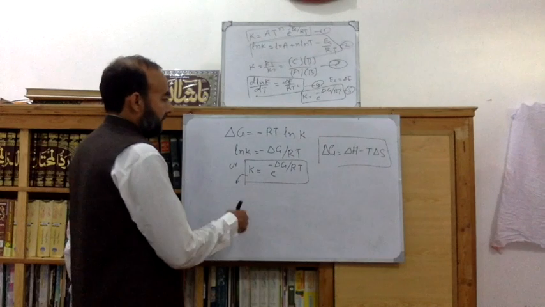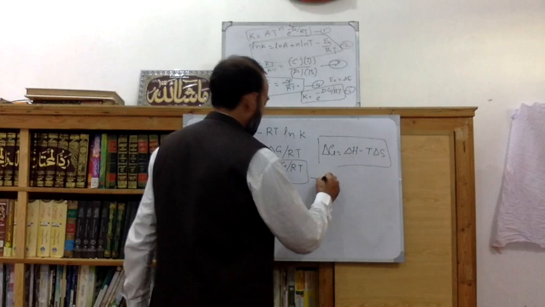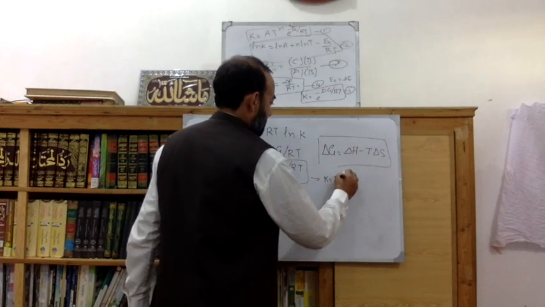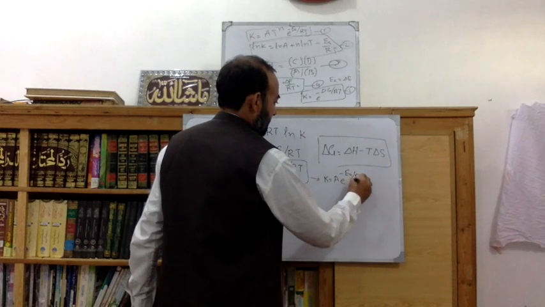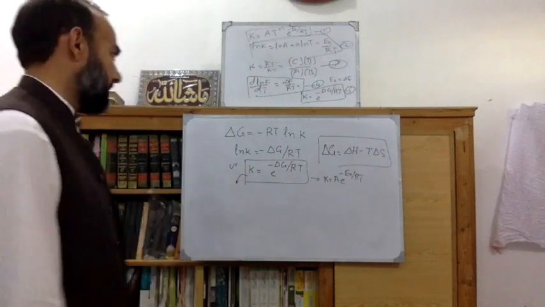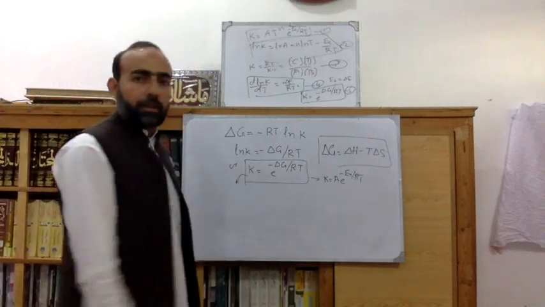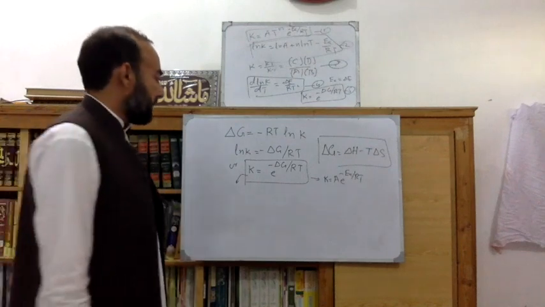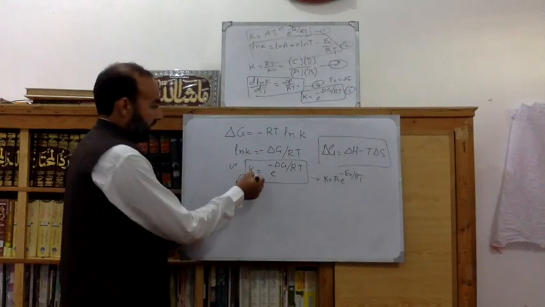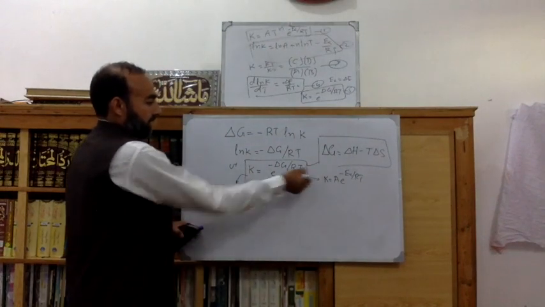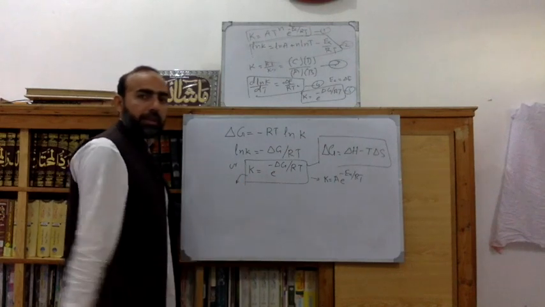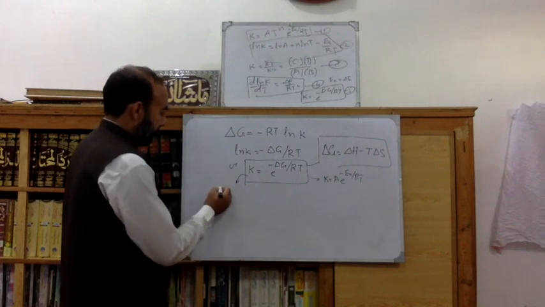This is an analogy to the Arrhenius equation, in which K is equal to A e raised to minus EA over RT, but here we have replaced the activation energy with the Gibbs free energy change for the reactant to go to the activated state or transition state. By analogy, we can write this relationship for the forward reaction, and the Arrhenius constants cancel for the forward and reverse because both are the same.